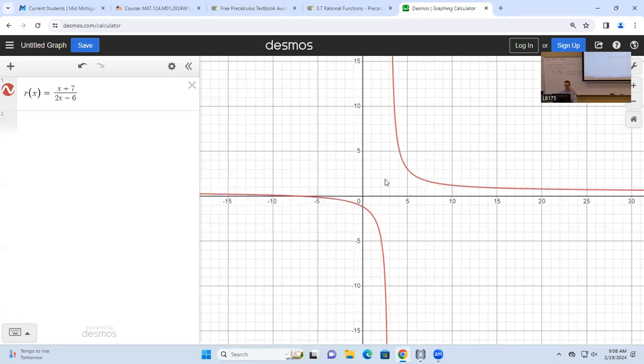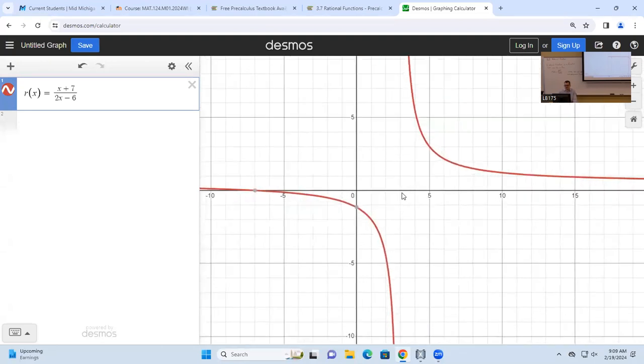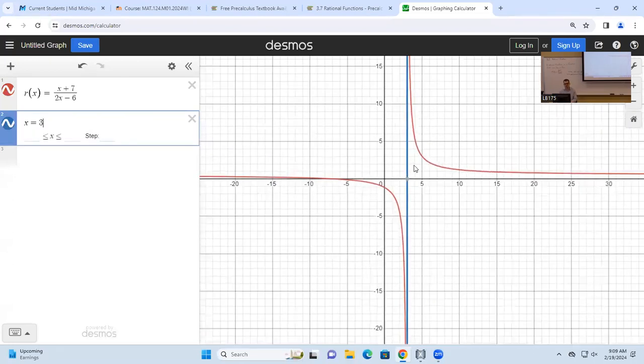You'll notice that if you zoom out, there's this spot at which on one side, it moves up to infinity, and on the other side, the function moves down to negative infinity. If you zoom in enough to where that is, that's actually at the line x equals 3. That line is known as a vertical asymptote.